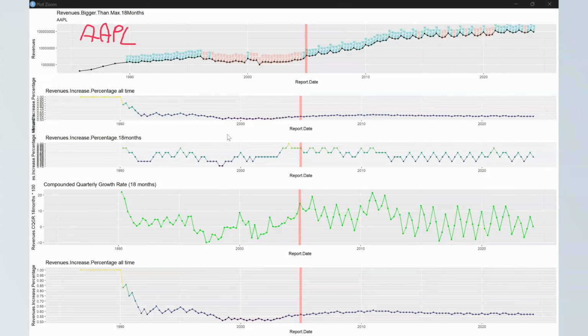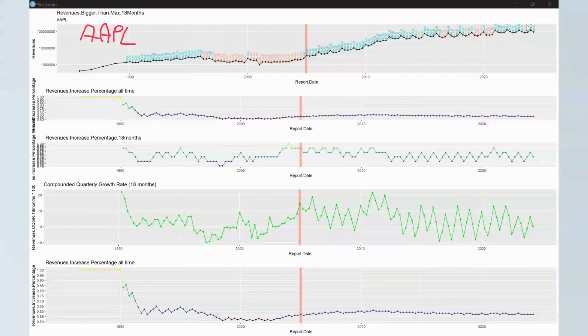So let's have a look at one way to predict future revenues, taking into consideration previous revenue changes and the book value per share changes.